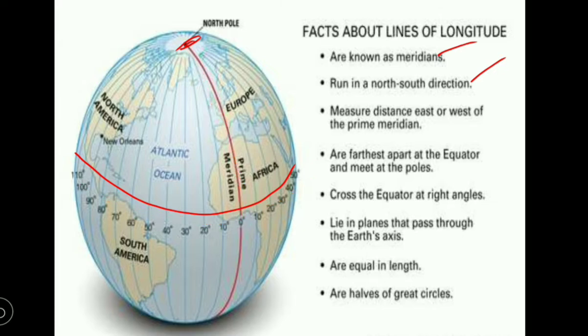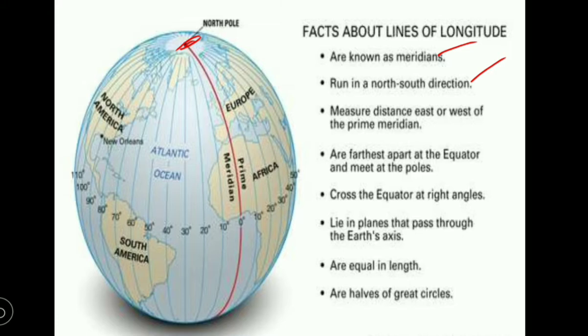For example, in the latitudes, only the 0 degree equator is the great circle, and towards the pole the circle measurement is decreasing. But in the longitudes, all the lines are equal in measurement, and each semicircular line connected with another opposite semicircular line creates one circle.